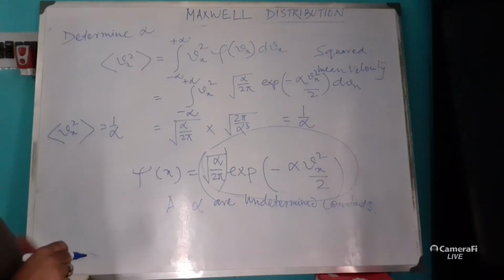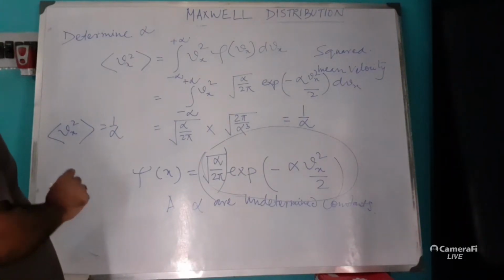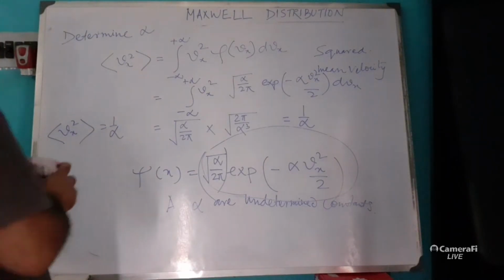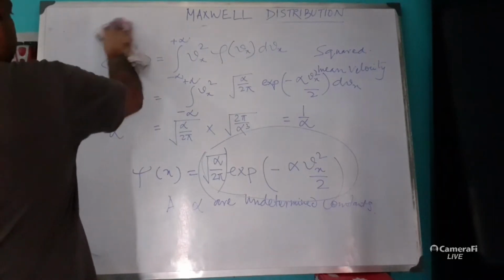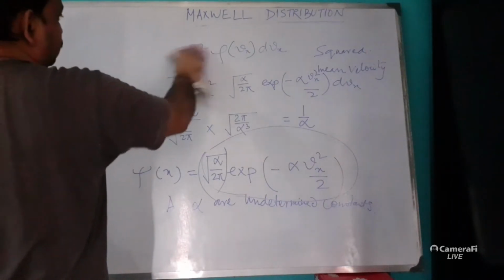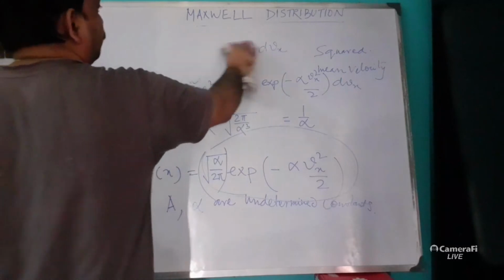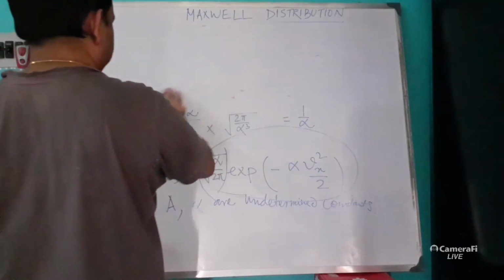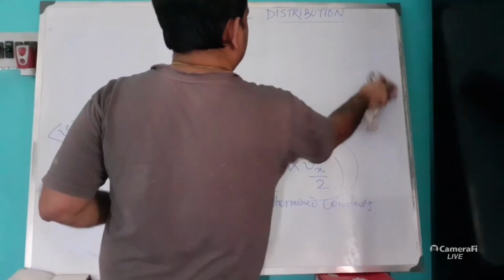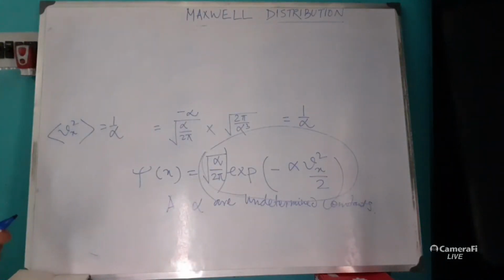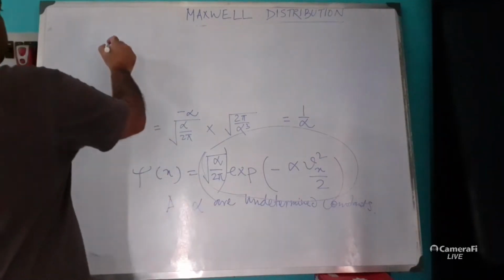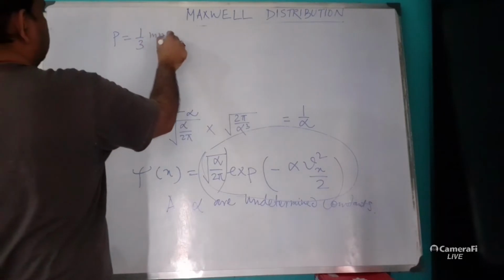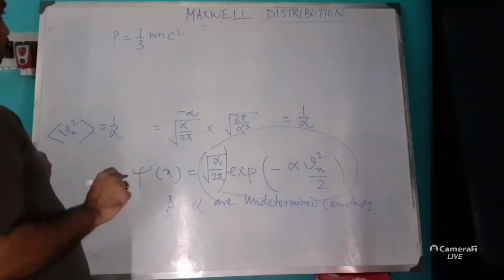So what is this Vx² over here? It is actually obtained from the pressure equation that we have already developed earlier. Let us check the pressure equation as we have seen earlier. The pressure equation was P is equal to 1/3 m n c squared.